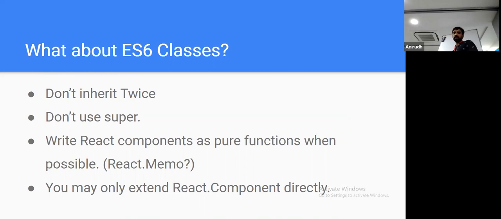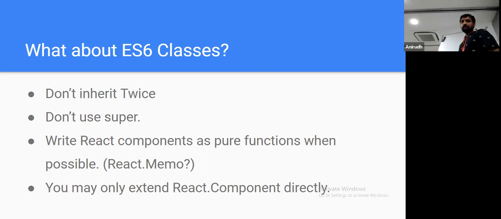If you really need to use a class, don't inherit twice. Like, don't create nested hierarchies. Just have a flat hierarchy. Don't use the super keyword. If you use the super keyword, then you are breaking the functional programming principle, because with super you can again mutate the base class data.